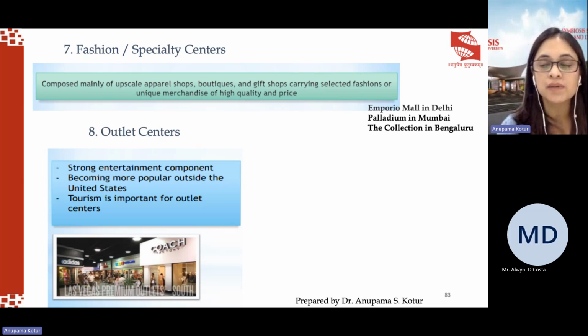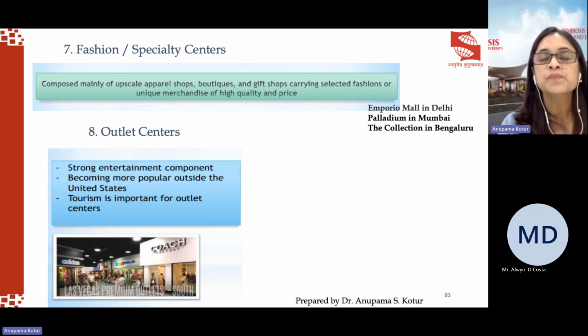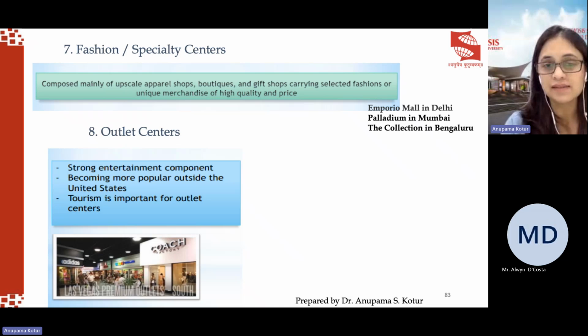We call them outlet shopping because although these are premium brands, this is where they usually sell their previous season discounted merchandise. In fashion, of course, we know that there are two different seasons, and the fashion industry generally is governed by seasonality. We have the spring, summer, and then the autumn, winter collections. And a lot of people don't want to wear anything that's previous season, right?